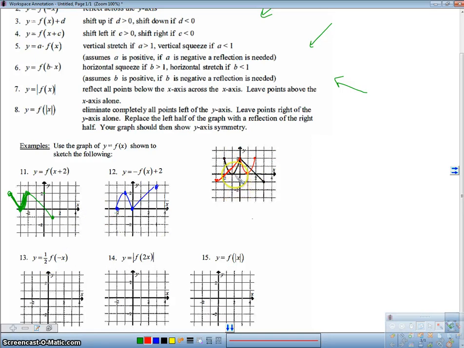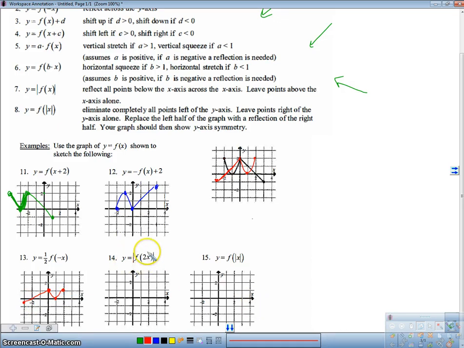So what I'm going to do is take the y values where my x is, and shrink them by half. This is a vertical shrink. So instead of being at 2, it's going to be at 1. Instead of being at 1, it's going to be at 1/2. This is going to stay at 0, and this is going to be at 1. It's going to look like that.